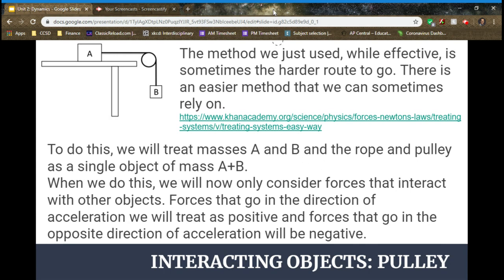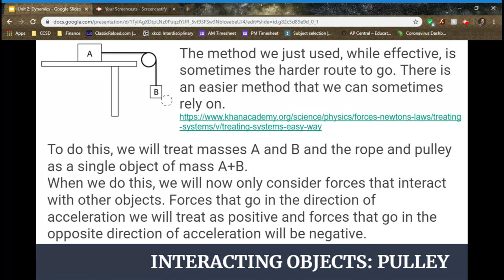So, easy way. Excuse me, the hard way, we treated mass A and mass B as two separate objects. The easy way, we're going to treat all of this as a single object. Instead of treating it as a system with two objects, now we're going to treat it as a single object.